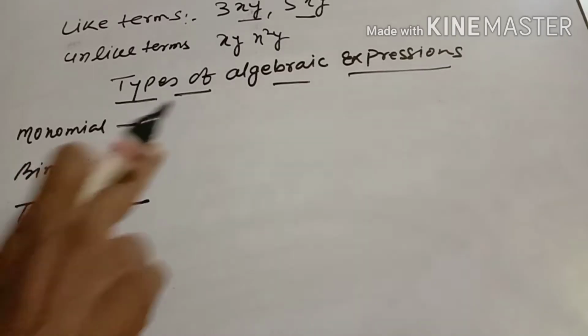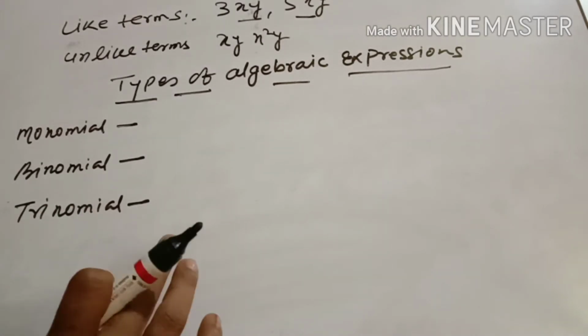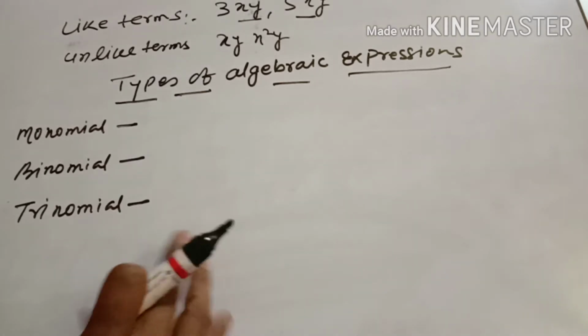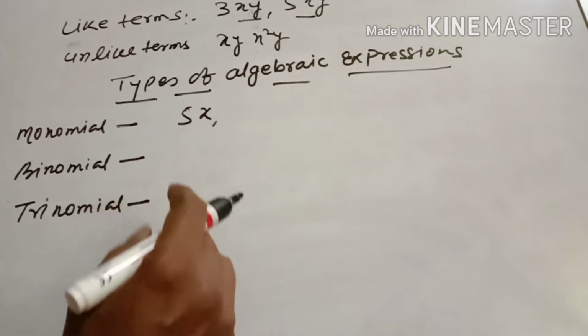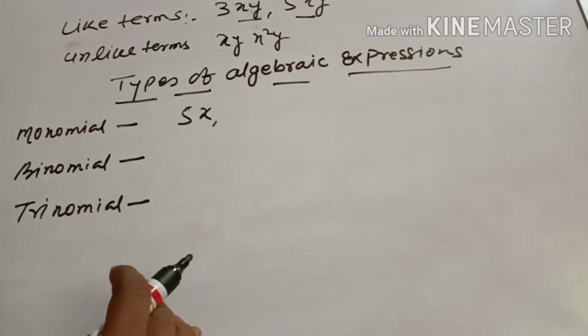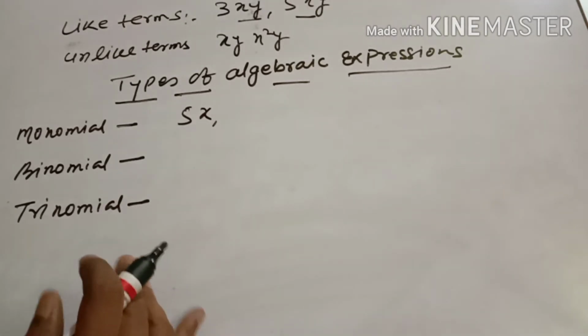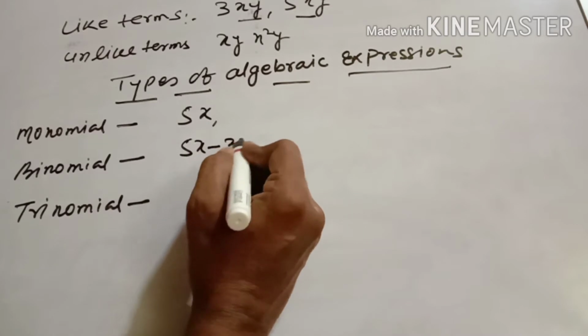See, types of algebraic expression. Monomial means an algebraic expression having only one term is called a monomial, such as 5x, only one term. Binomial means an algebraic expression having two unlike terms is called a binomial, for example 5x minus 3y.